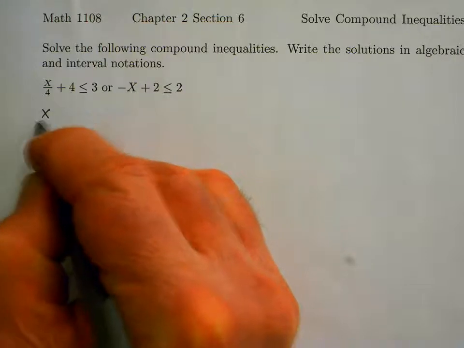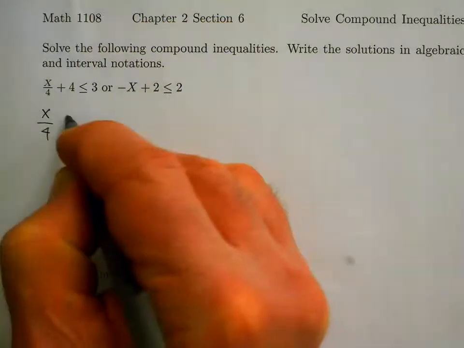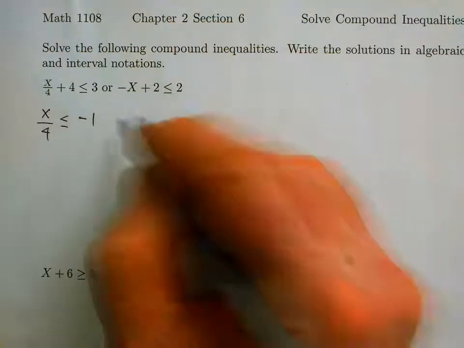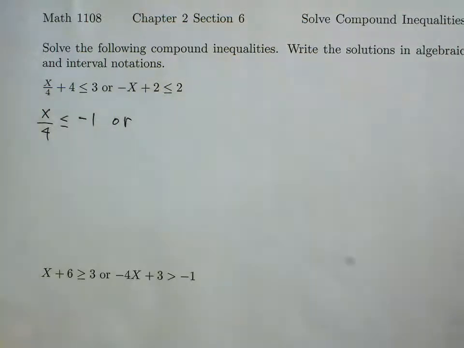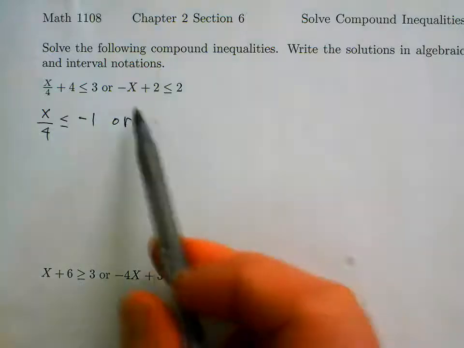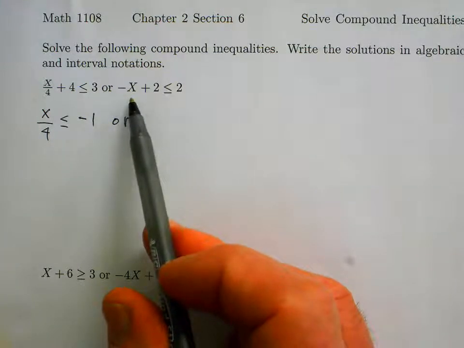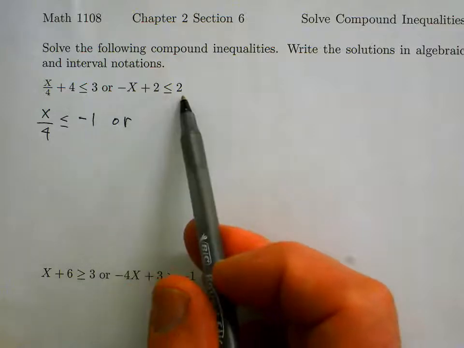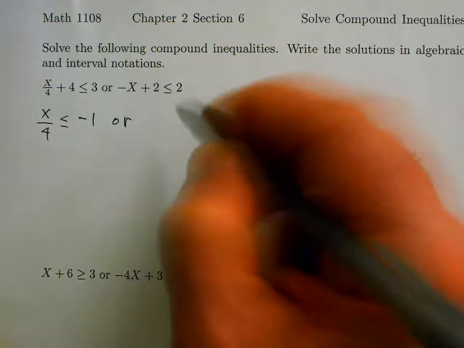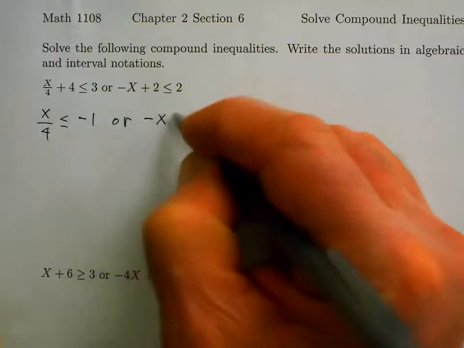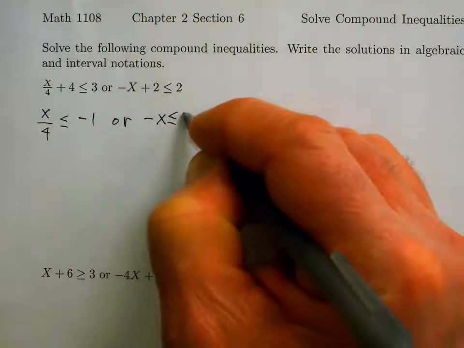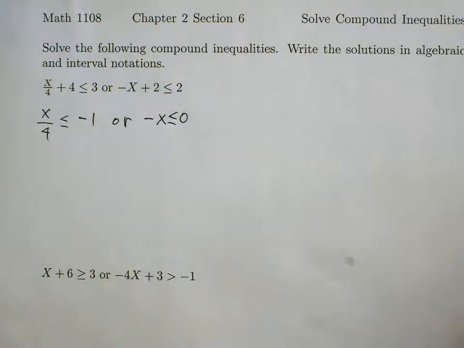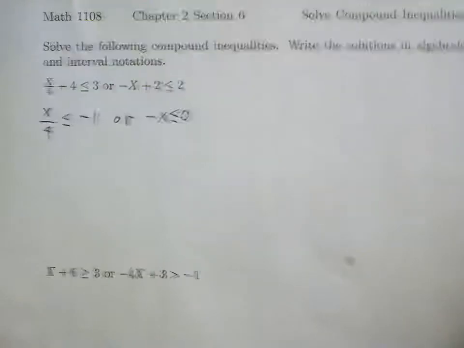So we get x divided by 4 is less than or equal to -1. And then we use the word or. The inequality on the right, -x plus 2 is less than or equal to 2. So subtract 2, we get -x is less than or equal to 0. Here, 0 is a perfectly fine number.